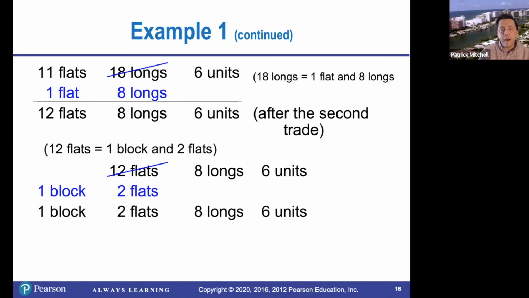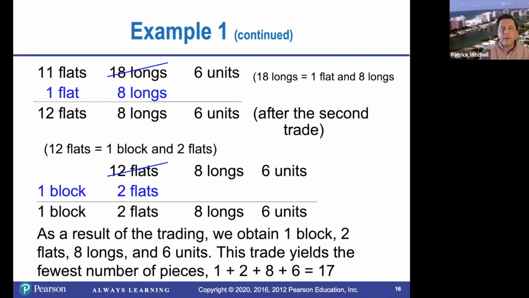That is actually a representation of the number 1,286. Okay, so the fewest possible number of blocks that you can use to represent this number is 17 blocks. I should say pieces. Fewest number of pieces. Yeah, block means something specific.